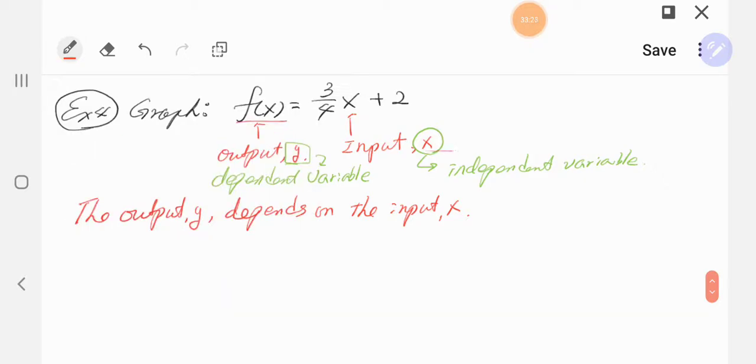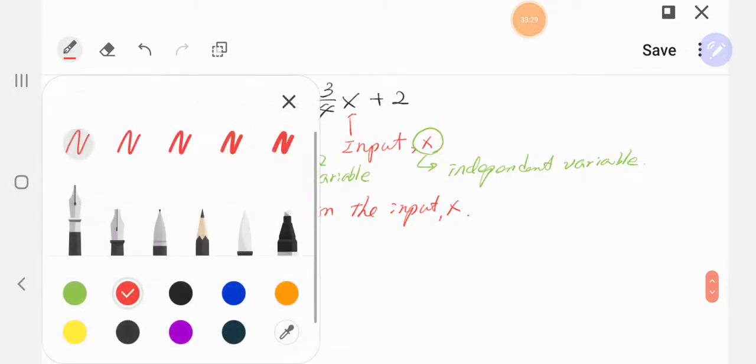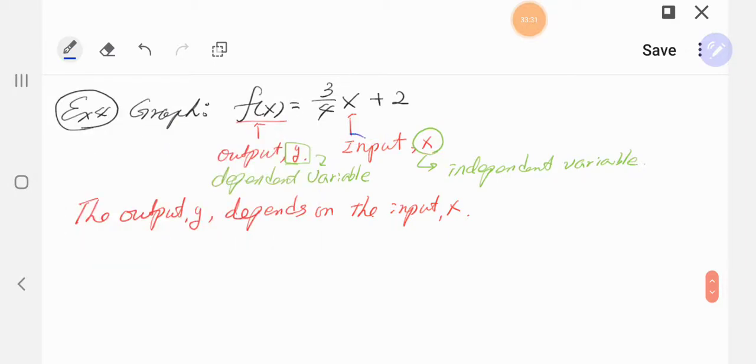Okay, look at this again. X is input, right? It has in, and so that we have an independent variable. X is input, so it is an independent variable. Can you see it? We have two spellings, in. So input, independent.